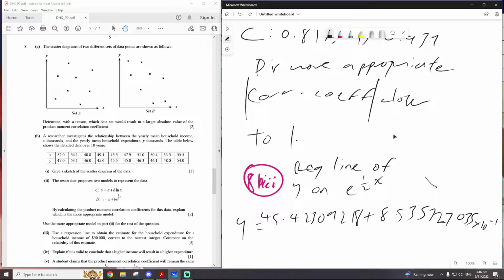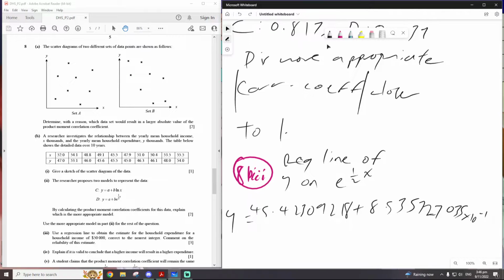Yes, I'm not joking, 10 to the power of negative 12, e power half x. Okay, and then you can sub in the value.